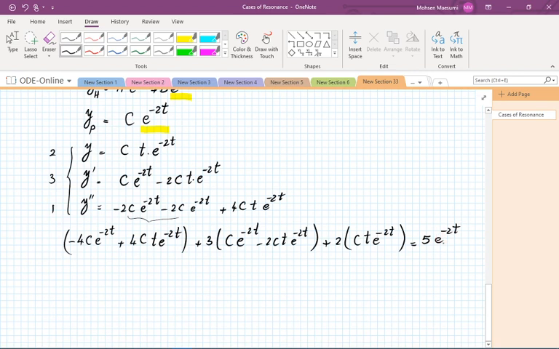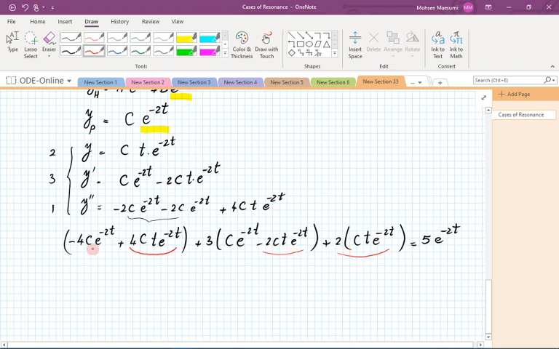Now at first sight, it looks rather peculiar that such a lengthy expression is going to condense to that, but the magic of this is that yes, it does. If you notice, I have 4 of these terms here. 3 times minus 2 is going to be minus 6, and then plus 2 here again. 4 minus 6 plus 2 is going to all cancel out.